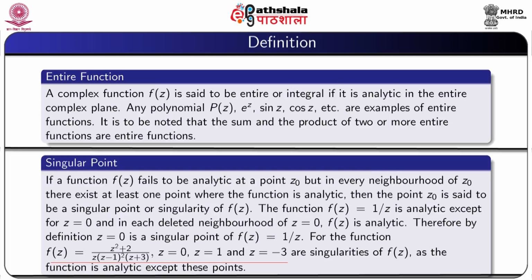For the function f(z) equal to (z squared plus 2) by z into (z minus 1) squared into (z plus 3), we see that z equal to 0, z equal to 1 and z equal to minus 3 are three singularities of the function f(z), because the function is analytic except these points.